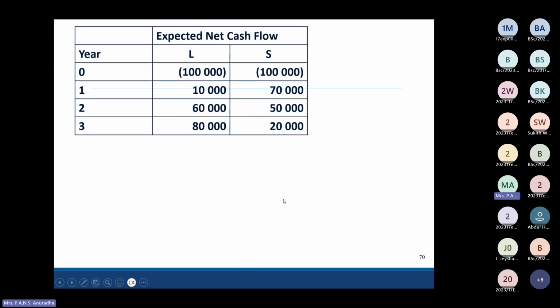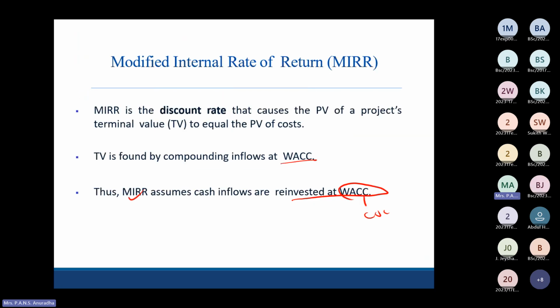MIRR means the project's terminal year cash flow. It is the discount rate where the terminal year cash flow is equivalent to the cost of the project. What is the MIRR? It is the discount rate which causes the present value of the project's terminal value to equal the cost of the project.